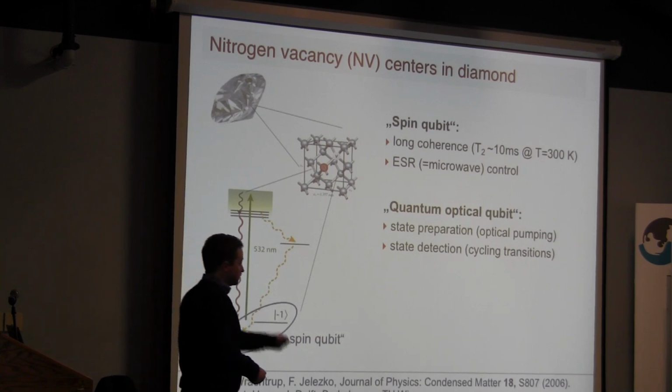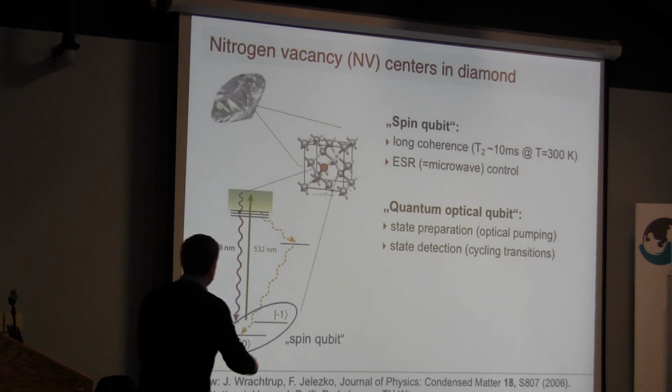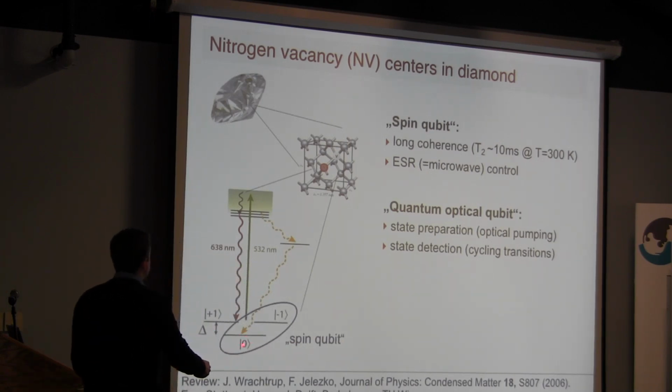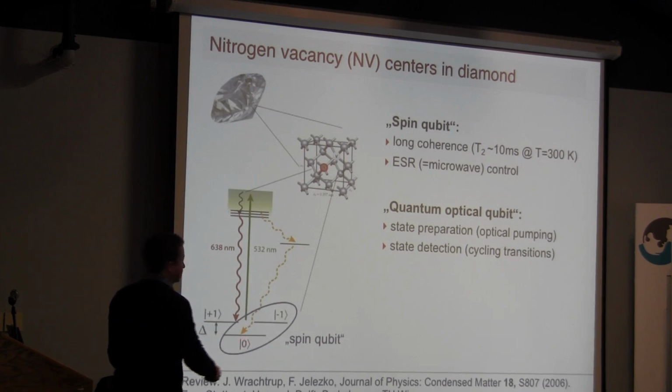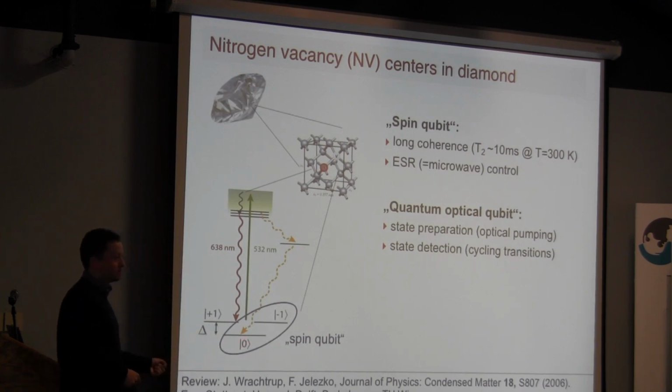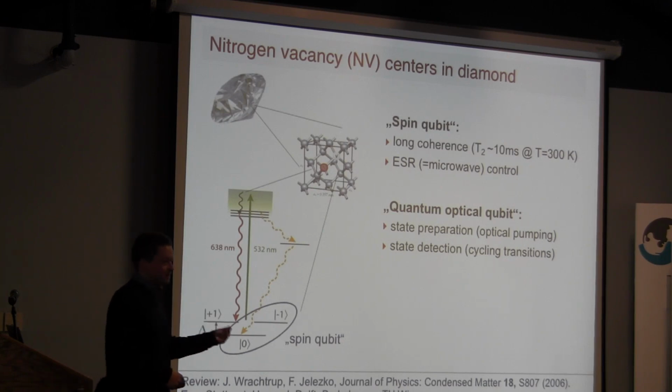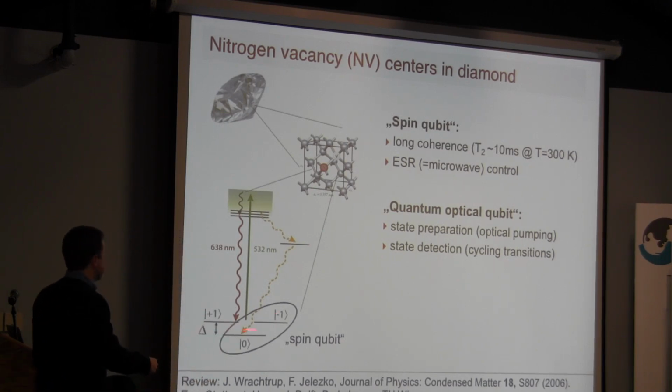So by simply shining a green laser, starting from a mixed state, you can prepare the spin equal to 0 with a very high probability. So you can initialize the state, and for anything you want to do quantum, you want to initialize it. That's one of the crucial features.